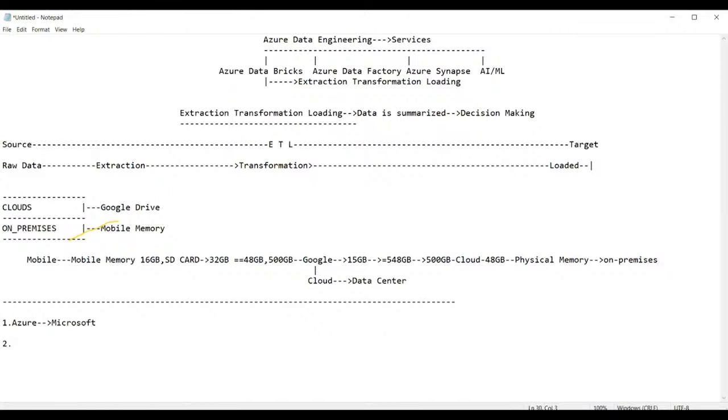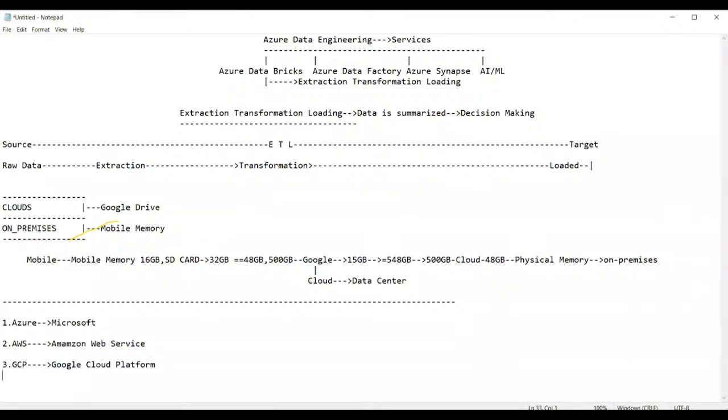The next provider is Amazon, or we can say AWS, which stands for Amazon Web Services. And the third one is Google, GCP, which stands for Google Cloud Platform.